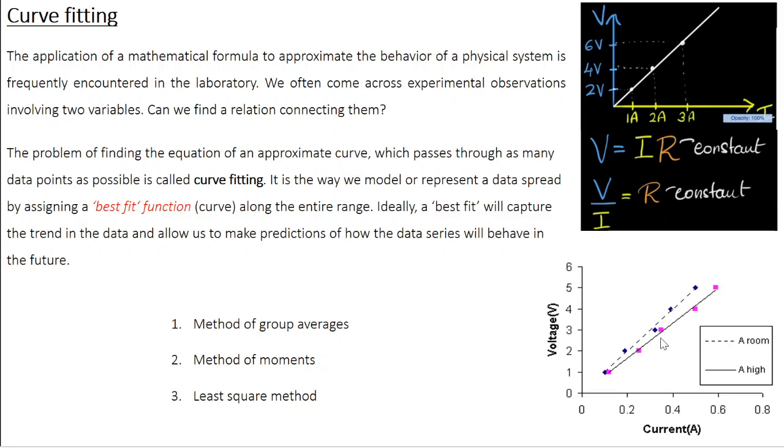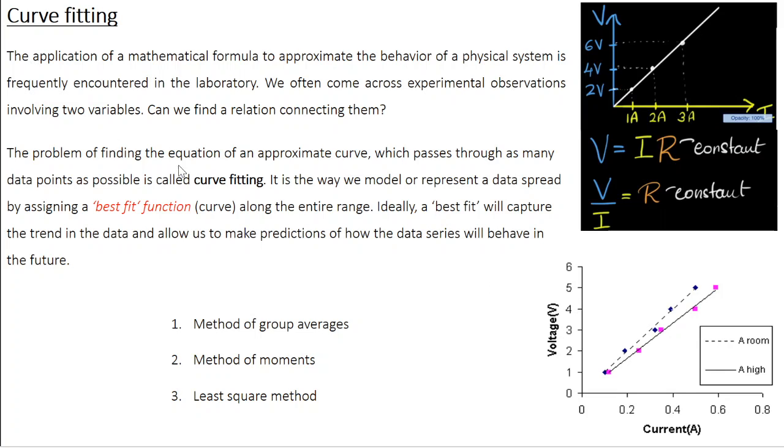If you take another example, here I perform the same experiment at 2 different temperatures, one at room temperature and one at high temperature, and I have the experimental data points here shown in the form of the pink and blue dots. Then I fit them with a straight line, which is nothing but my Ohm's law here. This kind of fit which passes through most of the experimental data points is known as the best fit function.